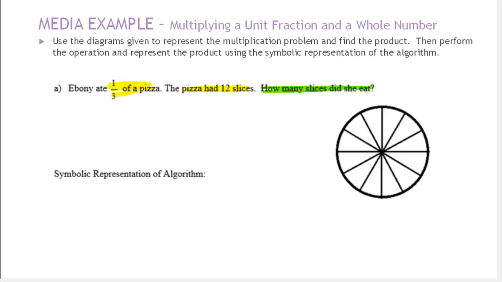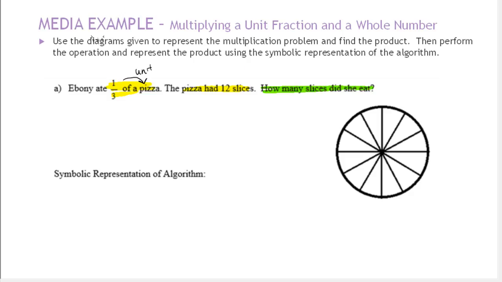So first let's talk about units. So we've talked about how important it is to know what unit you're referencing when you're working on fraction problems. And here we actually have two different units referenced. So here they talk about 1/3 of a pizza as how much she ate. So when they're talking about 1/3, it's referring to a pizza as the unit.